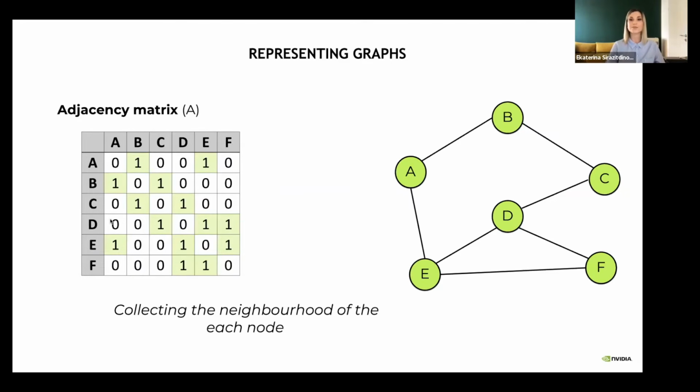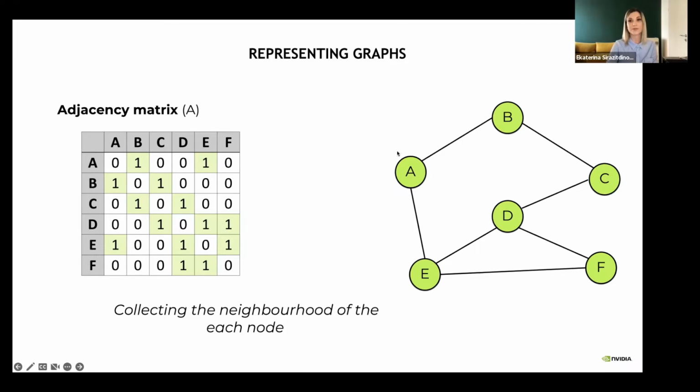So in the adjacency matrix, as I'm showing you here, we have a matrix of nodes. So A, B, C, D, E, F, in this case, are our nodes. And if we have a connection between, for example, a node A and B, we put 1 in our matrix. And if there is no connection, like, for example, in the case of A and C, you see here, we put a 0 in this matrix.